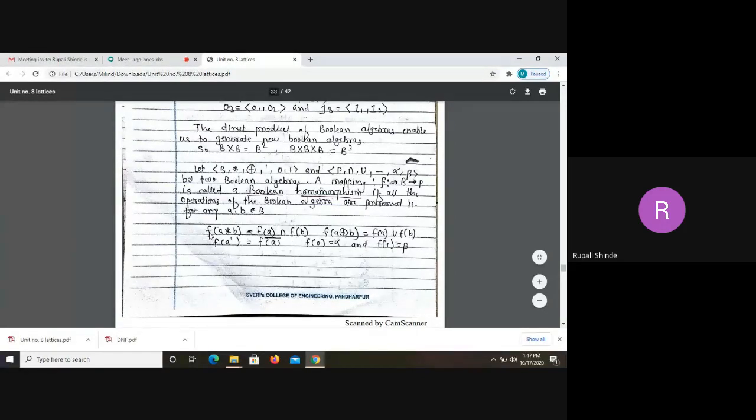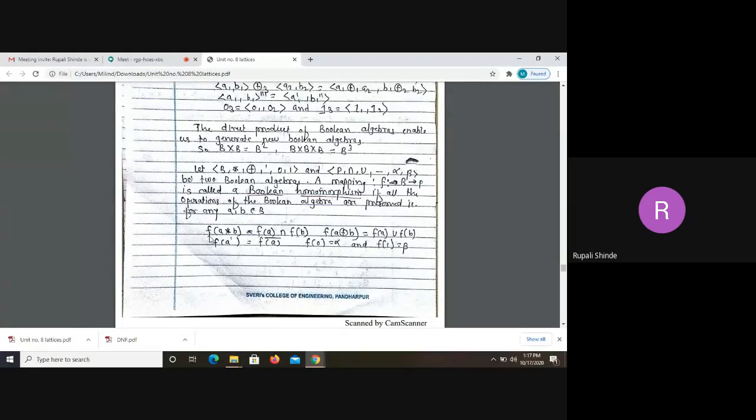So how have we defined it? For that purpose, we have taken two Boolean algebras. This one is B, this one is P, two sets are there. On the first set, we have defined operations star, XOR, complement. And on the second set, we have defined operations intersection, union, and this bar, that is the complement operation.